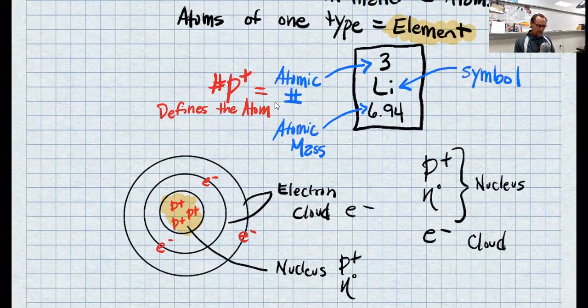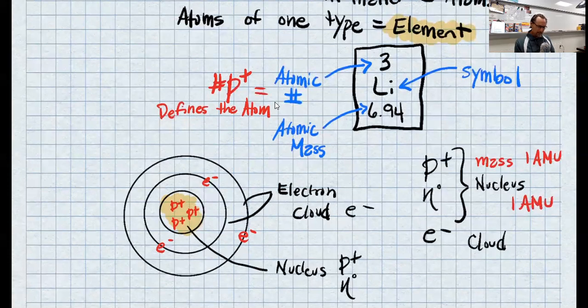So the neutrons and the protons both have a mass of 1. So 1 atomic mass unit is what the mass is of each of these. So I'm going to go ahead and label the mass of my proton as 1 atomic mass unit. The neutron is also 1 atomic mass unit.